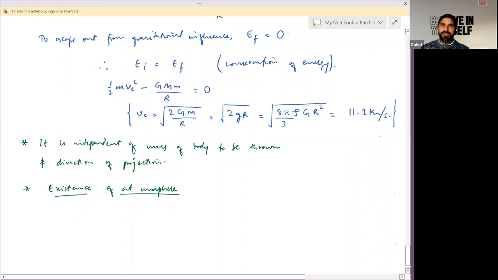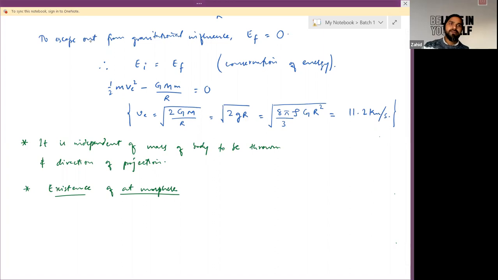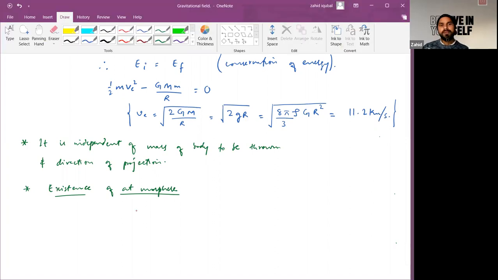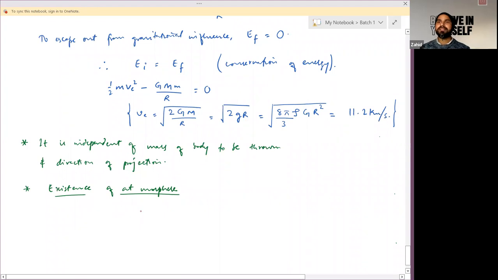Why is there atmosphere on the surface of Earth, but not on the surface of Moon? And why are almost all gases present in the atmosphere of Jupiter? So related to this escape velocity, we may define these types of problems. First is, for gases to exist in that atmosphere, we may define a velocity, that is the RMS velocity of gas.